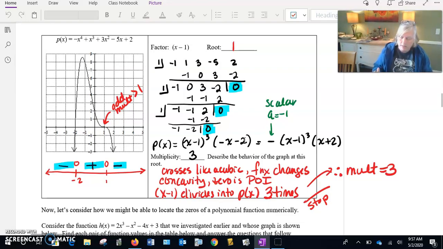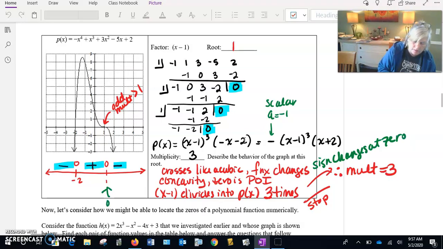Now again, we looked at it, it crosses like a cubic. We had a sign change. Did I say that? It changes concavity, the 0 is a point of inflection, sign changes at the 0. So again, here's that sign change. What we know is that we have odd multiplicity. And if it had looked like a line, it would have been odd multiplicity of 1.